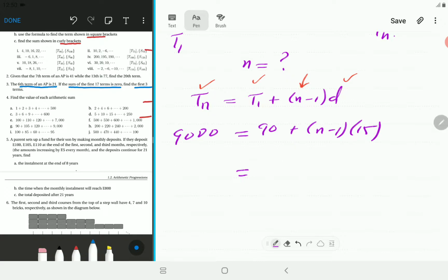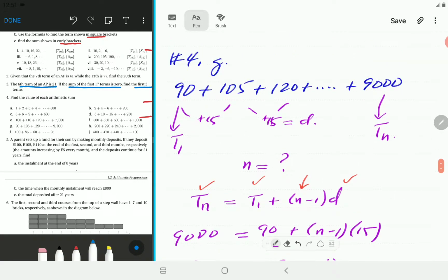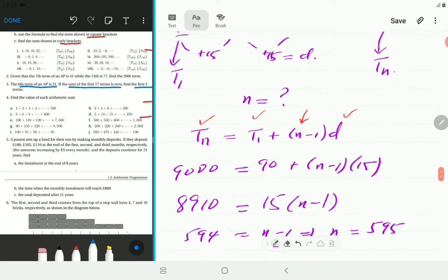It's going to give us 8,910 is equal to 15 times n minus 1. Then if we divide that by 15, it gives us 594. So n minus 1 is 594, which means n is 595. So that means the number of terms between 90 and 9,000 inclusive is 595.